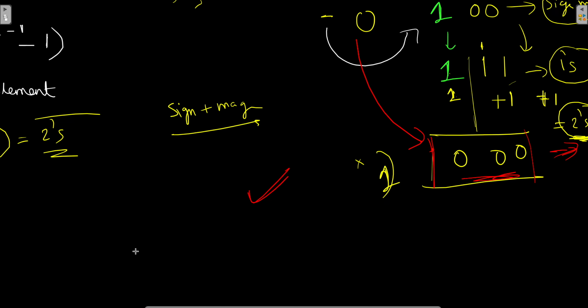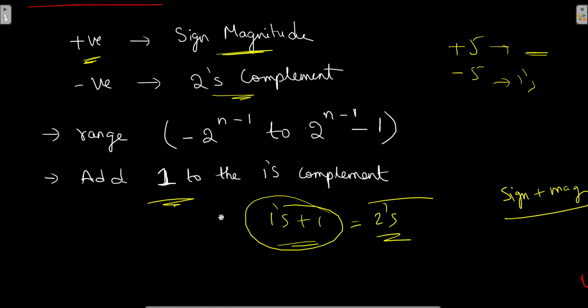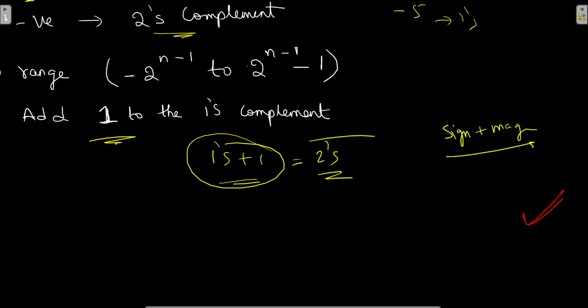Next, coming to the range. Let's consider 3 bits, as we were talking about previously. With 3 bits, the range is minus 2 power 3 minus 1, that is minus 2 power 2, to 2 power 2 minus 1.